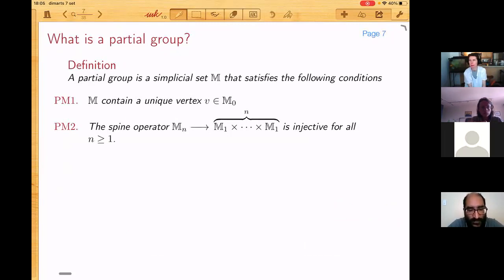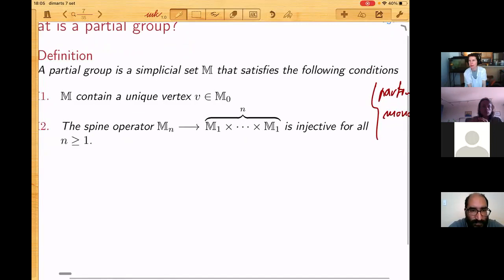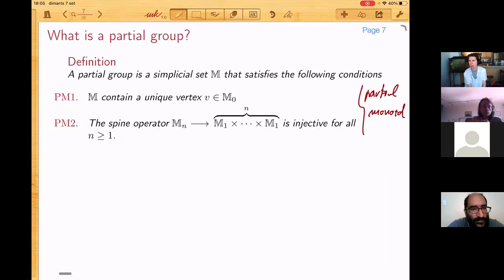So in this language of simplicial sets, a partial group will be a simplicial set with these conditions. I would say this is a partial monoid to start with. A partial monoid is a simplicial set with just one vertex.